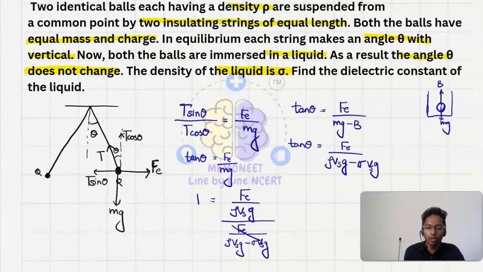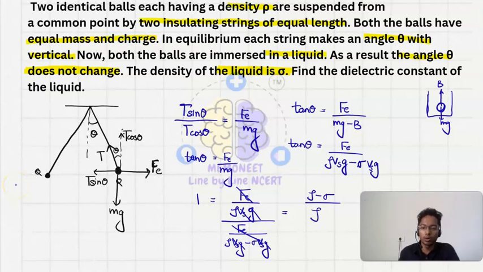From here Fe cancels out, z also cancels out, and the volume of solid also cancels out. So the final answer will be rho minus sigma upon rho.